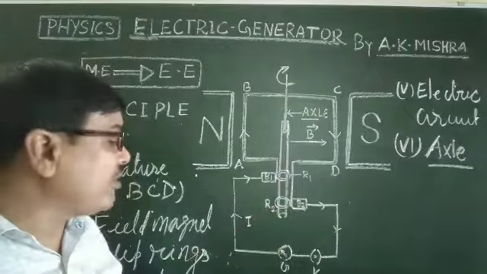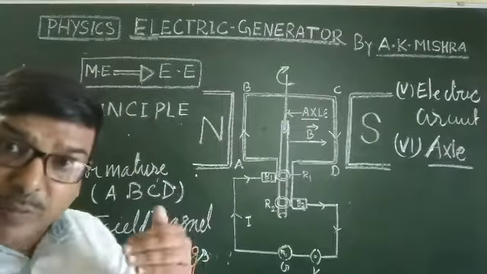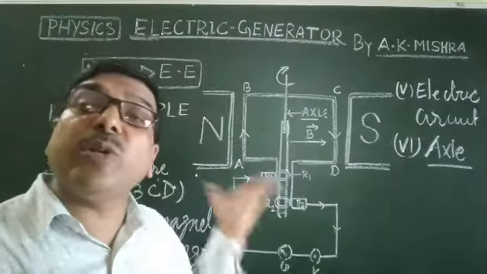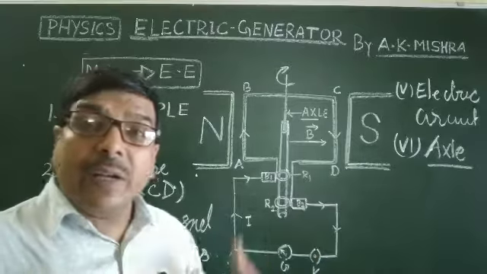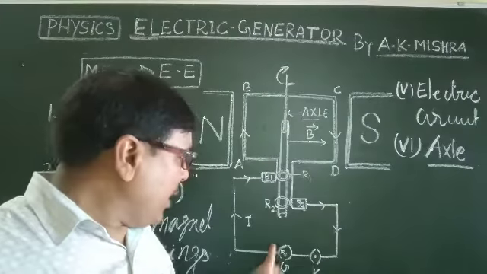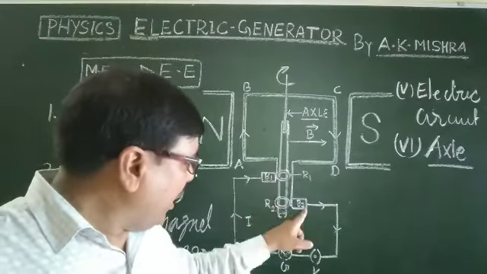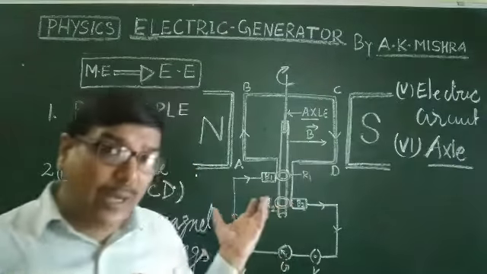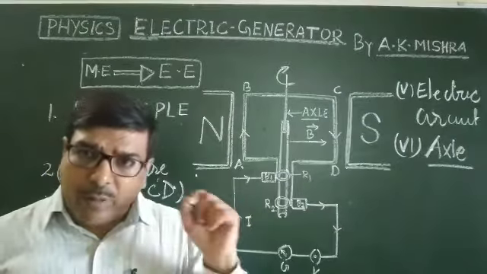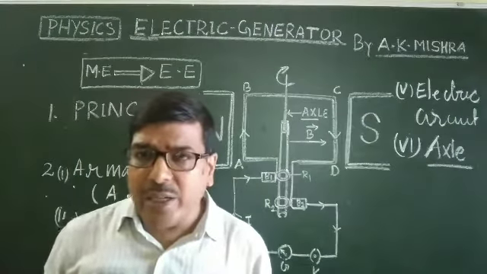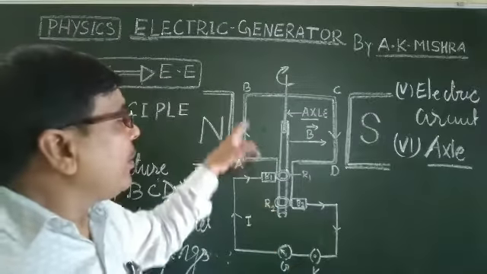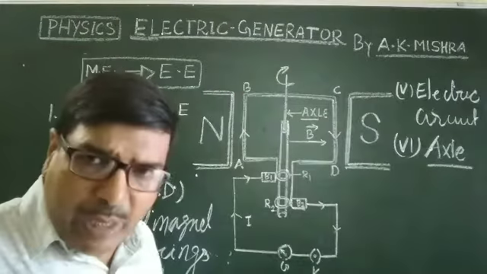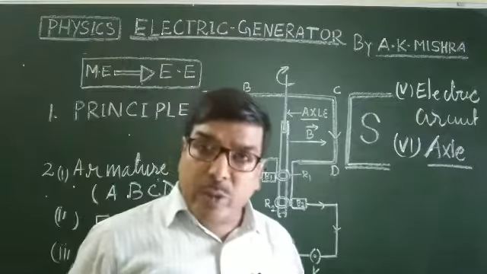This is very important. It generally comes in exams, how to convert an AC generator into DC. So, in place of slip rings in a DC generator, we use a split ring that works as a commutator. Understand? This is used to produce induced EMF or induced current.